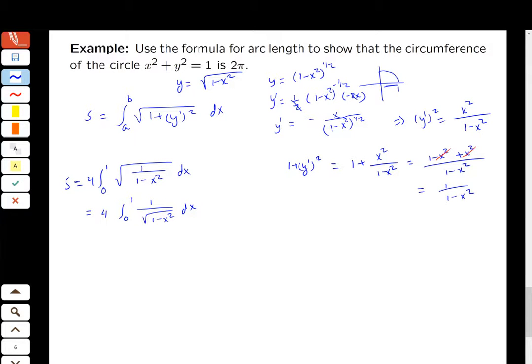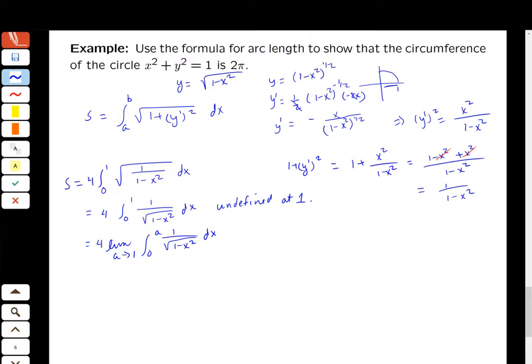Where's my function undefined? At 1. So that means I have to pass to the limit as a goes to 1, integral 0 to a, 1 over the square root of 1 minus x squared dx.